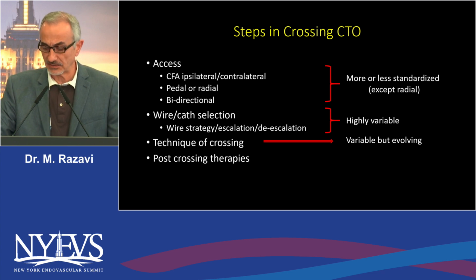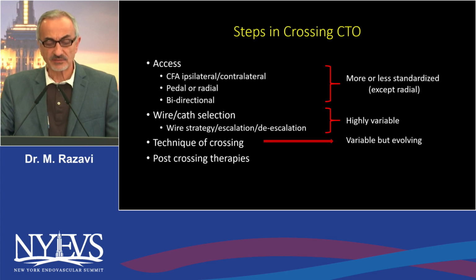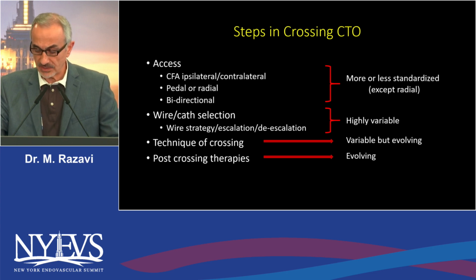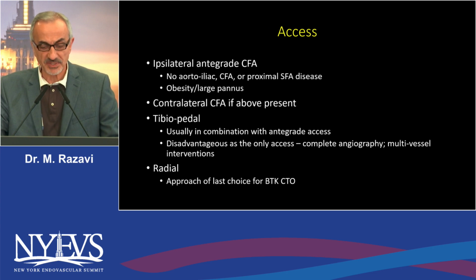I think people are approaching with the same type of technique, and you'll see some of it in cases that most people would use, but the wire variability still determines the technique. Post-crossing therapies are definitely evolving, and the data is emerging as to what works best and what doesn't.